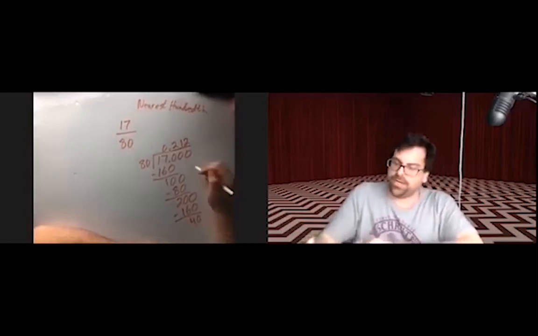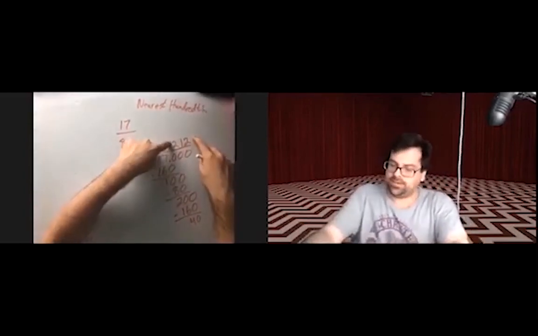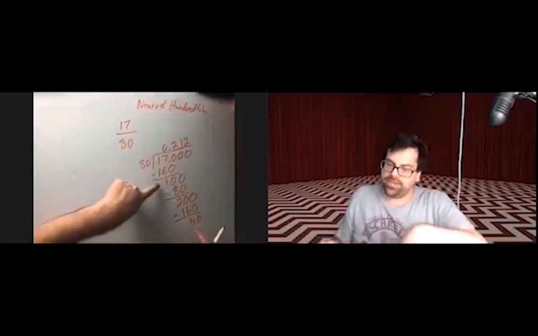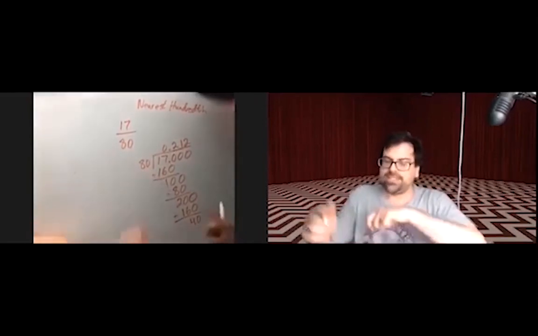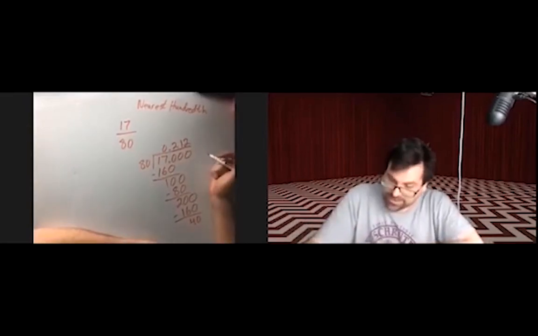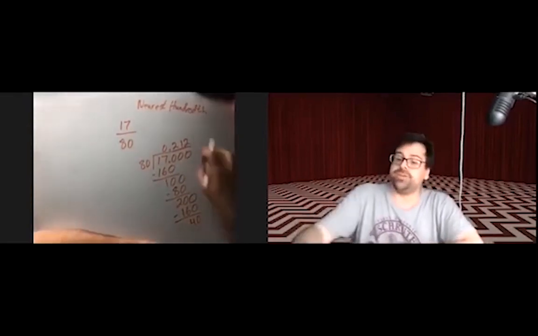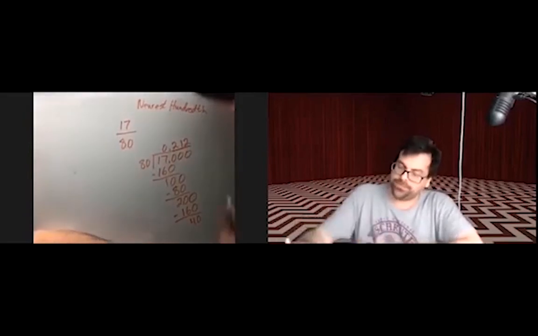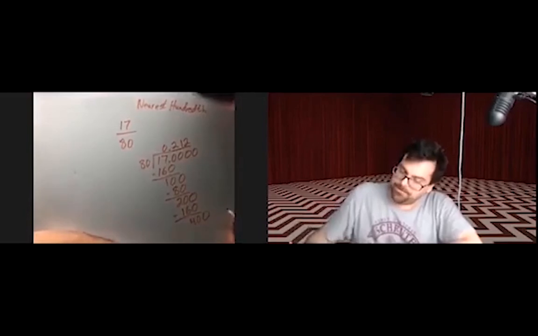Subtract, we get 40. Now that 2 repeated, but we got a completely different answer when we subtracted 160. So this is not going to be a repeating decimal. The subtraction is going to be different when we use this two. Give ourselves a 0, bring it down.